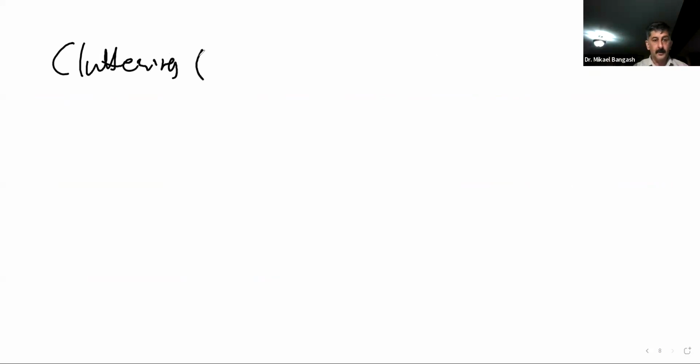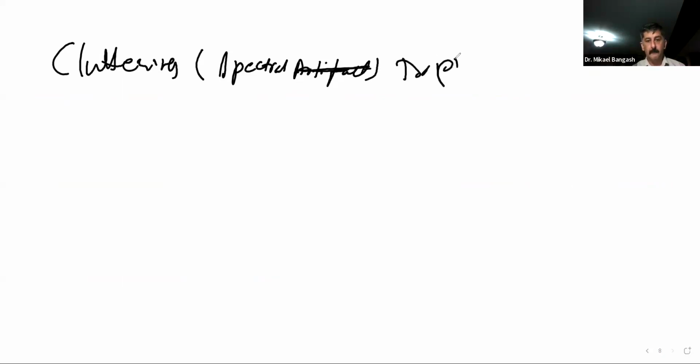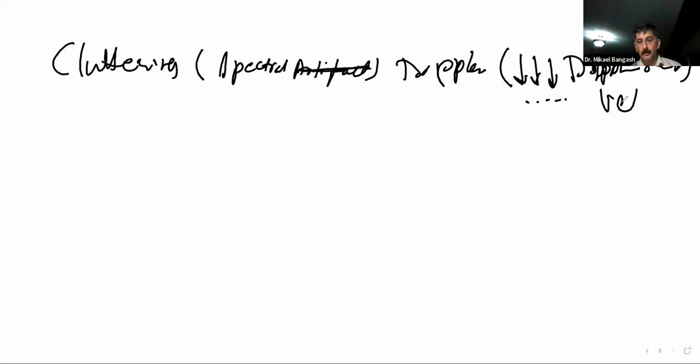Now cluttering, that means if we see the same artifact on a spectral Doppler, sorry, which is going to be due to very, very low Doppler shifts, which means very low velocities.